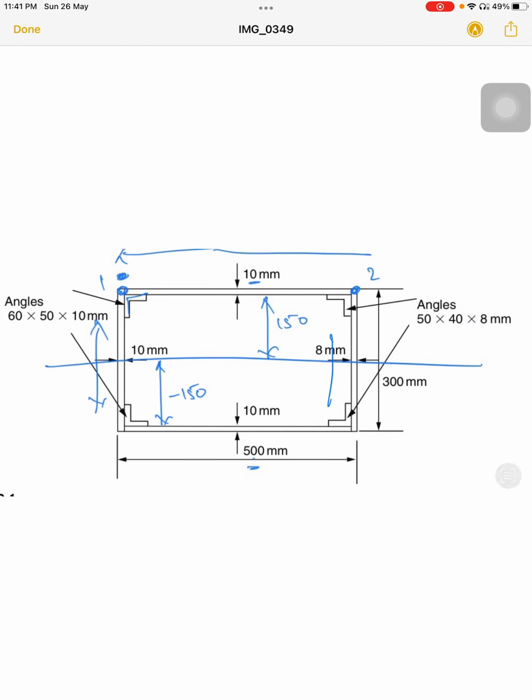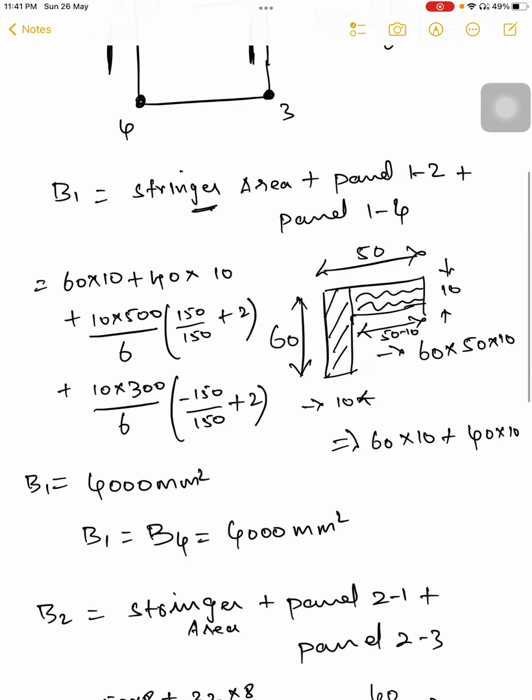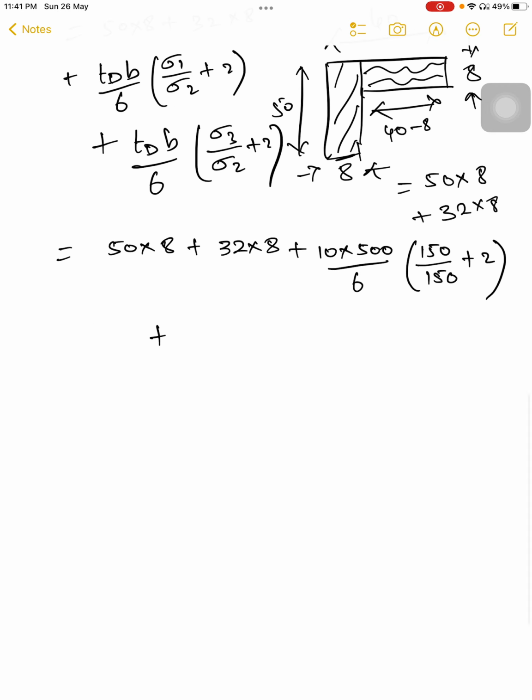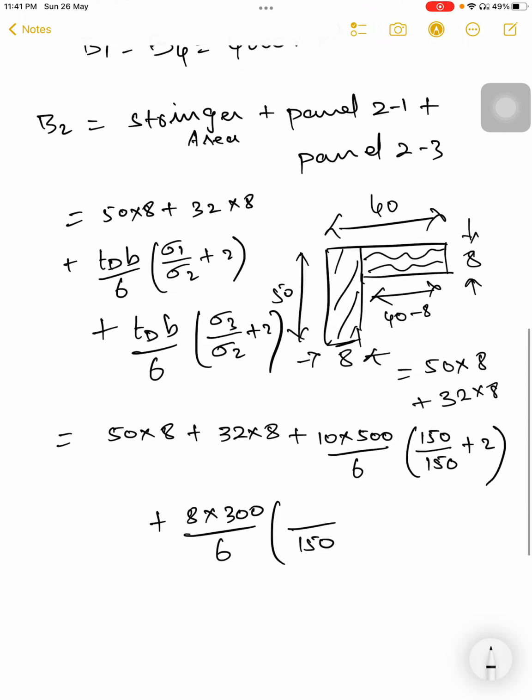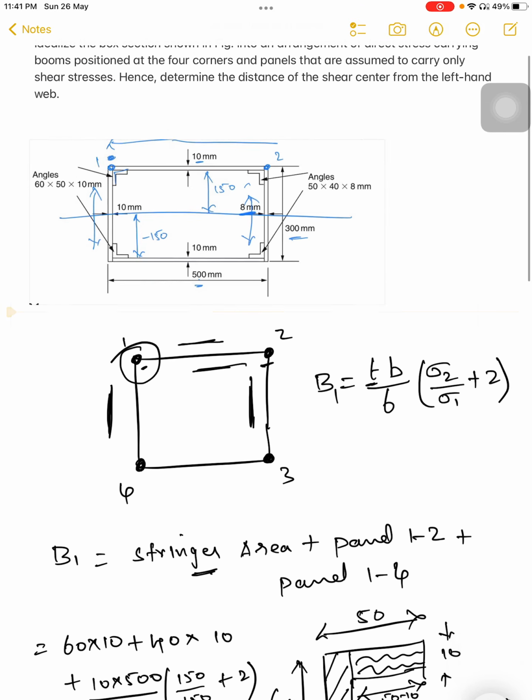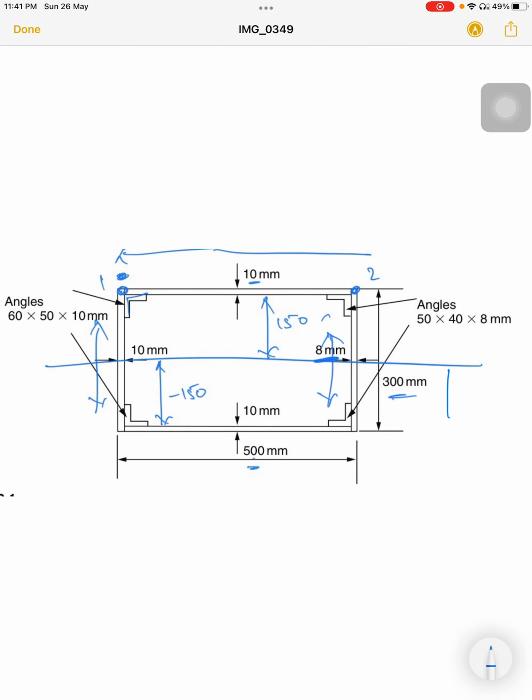This is panel 2 3, so your thickness is 8 and breadth is 300. So that is 8 into 300 divided by 6, then sigma 2 is 150 and sigma 3 is this distance, that is minus 150.